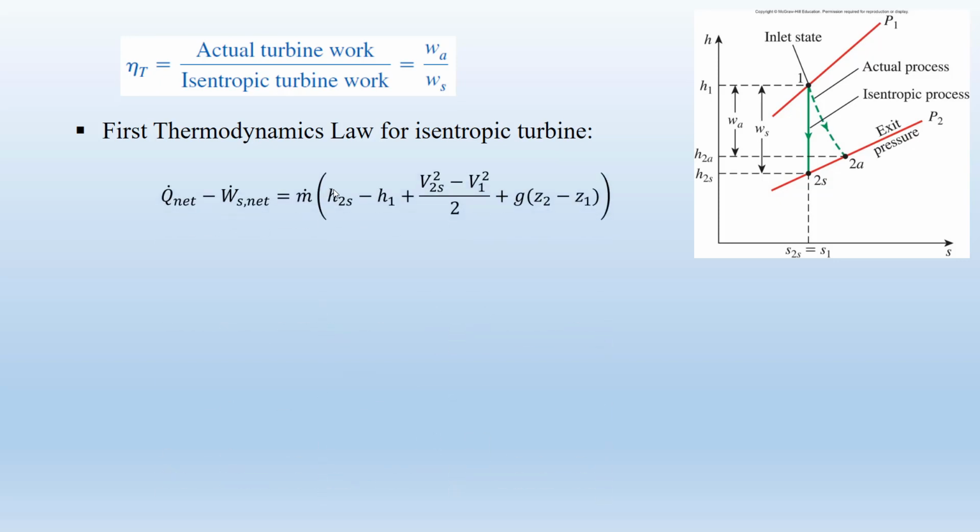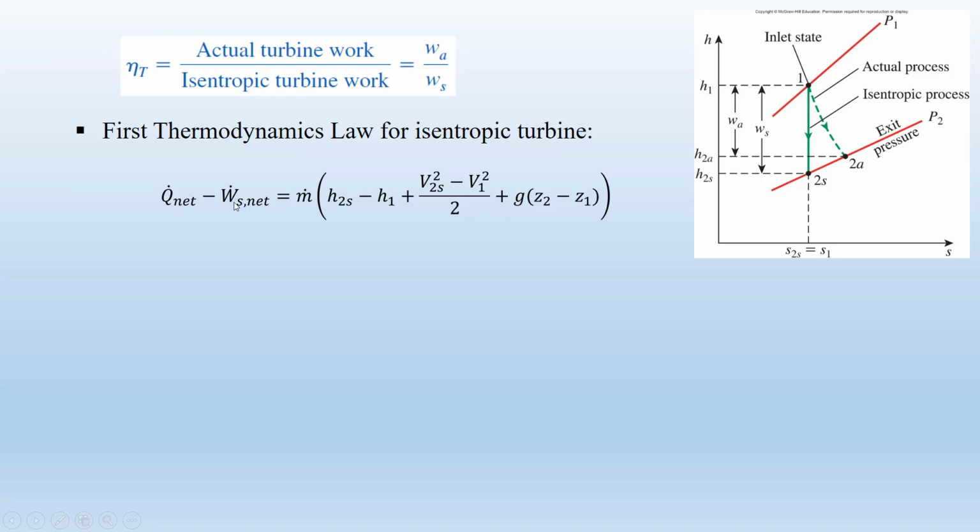Okay, so look at this, the first thermodynamic law for steady flow devices with one inlet and one exit. Keep in mind, guys, I wrote this equation for an isentropic turbine. Why?